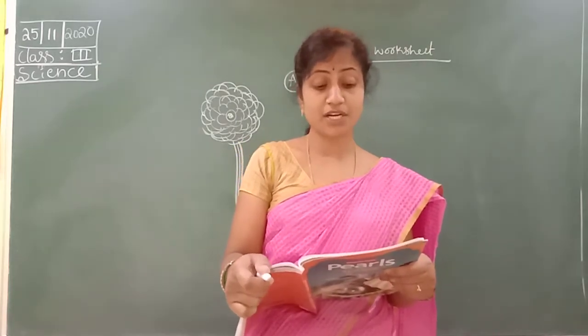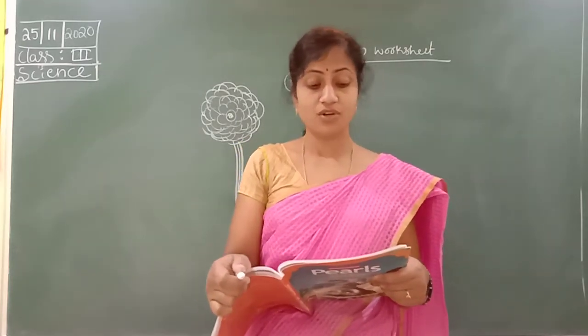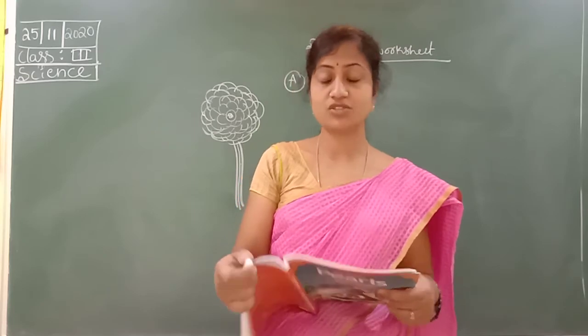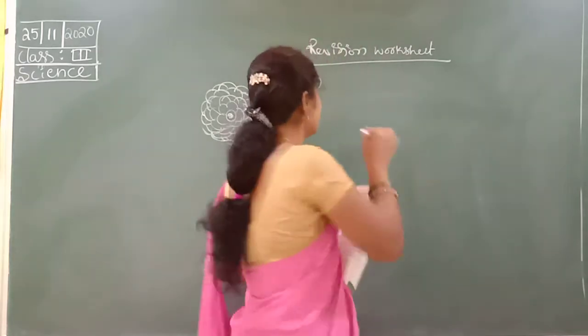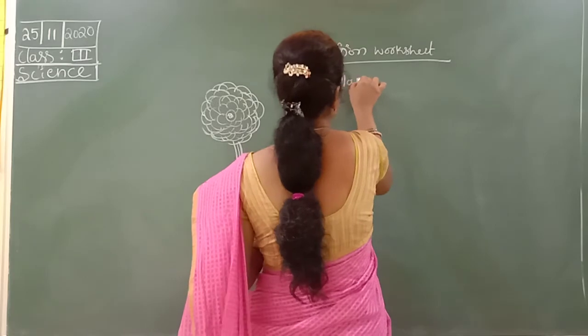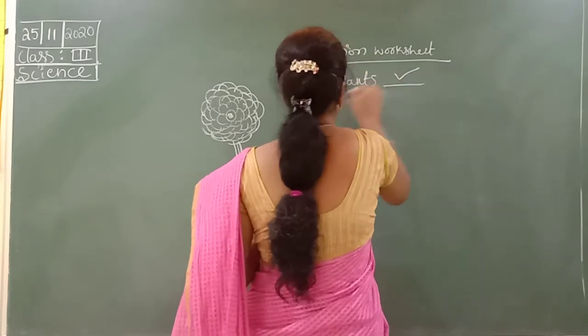All animals depend on these for their food: other animals, plants, water sources. Plants. So you have to tick like this.